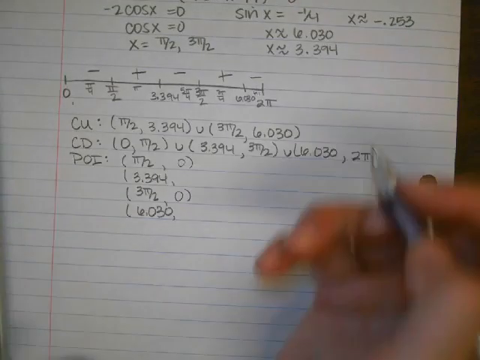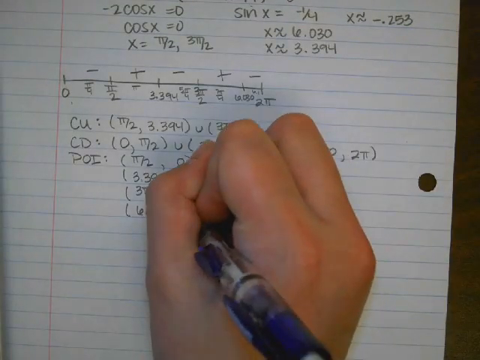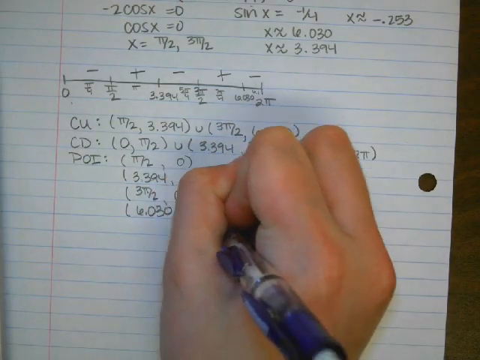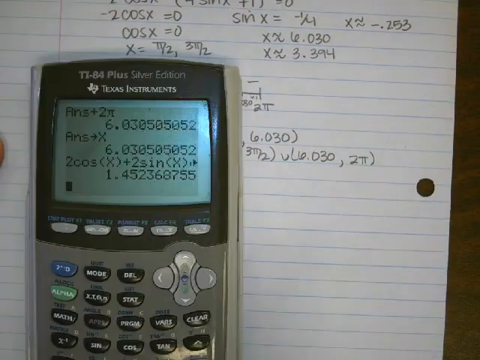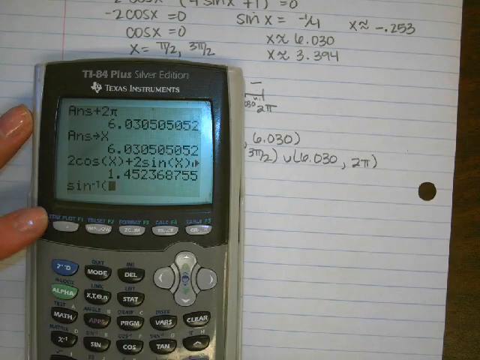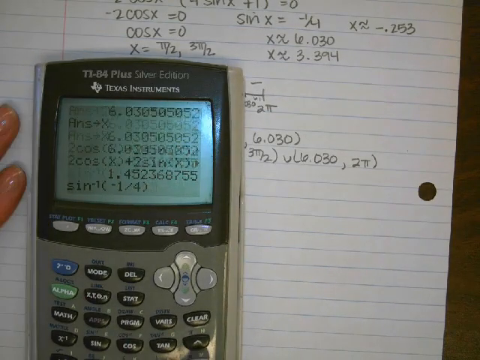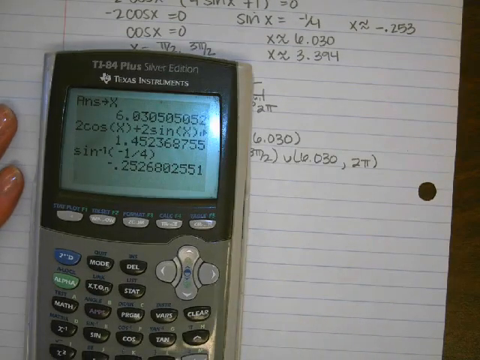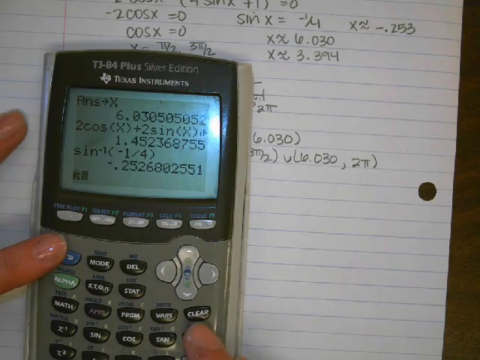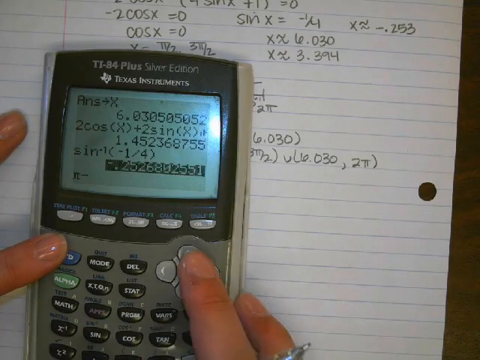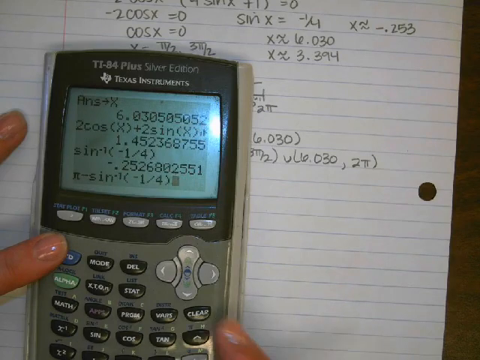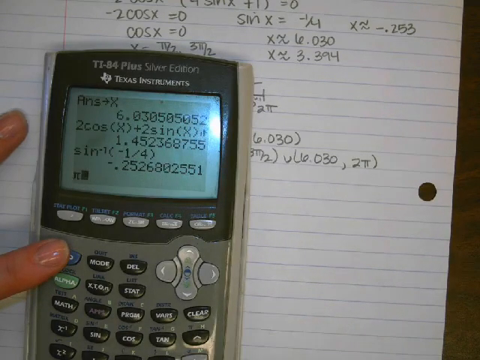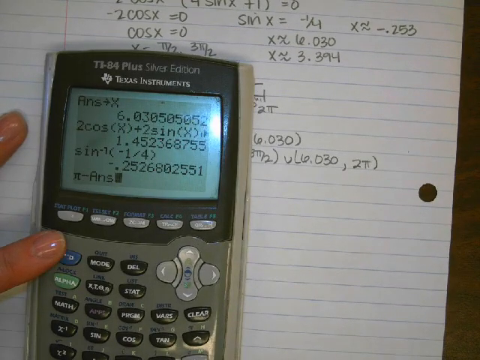1.452. Okay, and then I need the other version. So to get that, it was pi minus, no, not that one. It's pi minus the decimal that I just got.